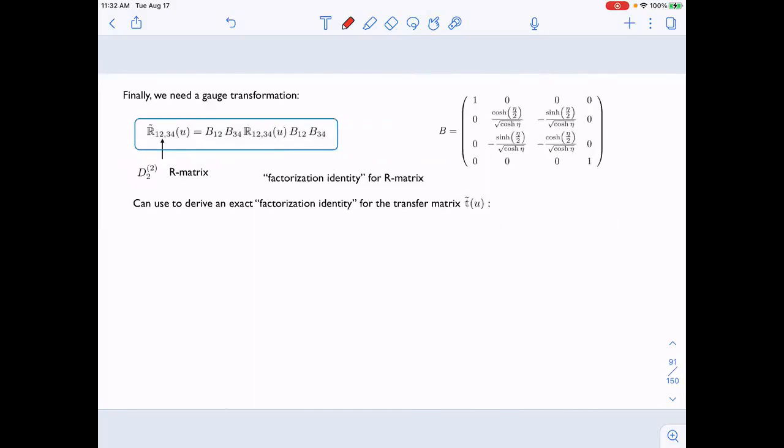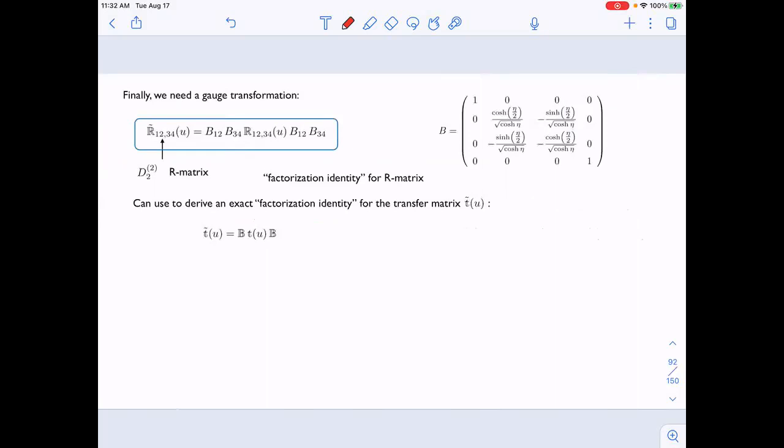And so the basic idea then is to use this factorization identity for the R matrix to derive an exact factorization identity now for the full transfer matrix, this thing I called, in the beginning, T tilde of U. So it's a long calculation. I'll spare you all the details, but remarkably, the final result is very simple. I think it's quite nice.